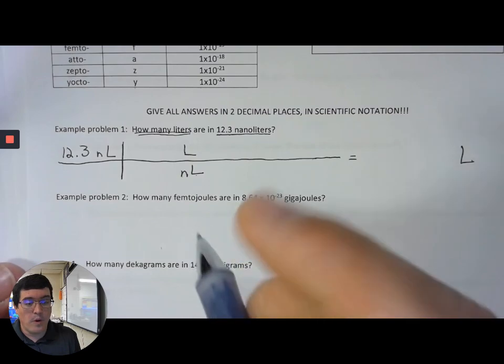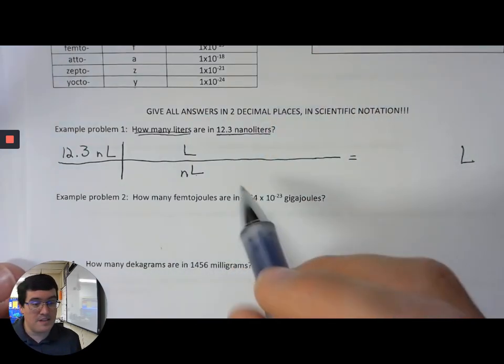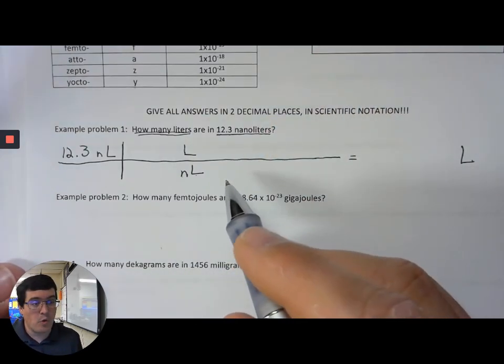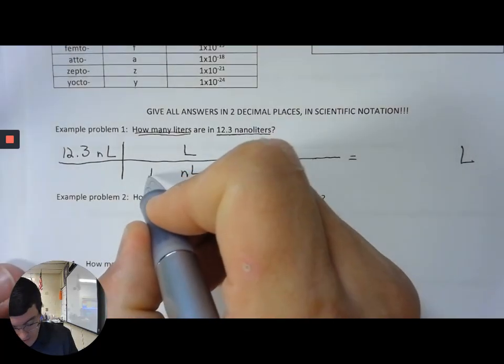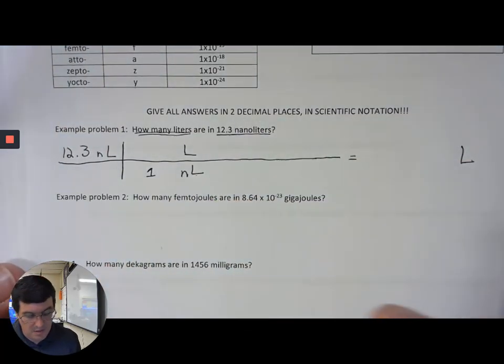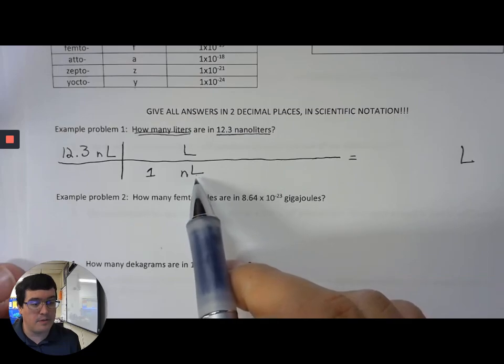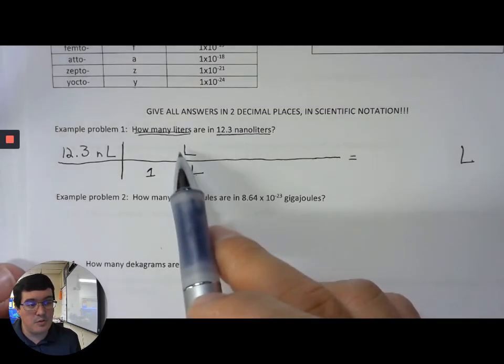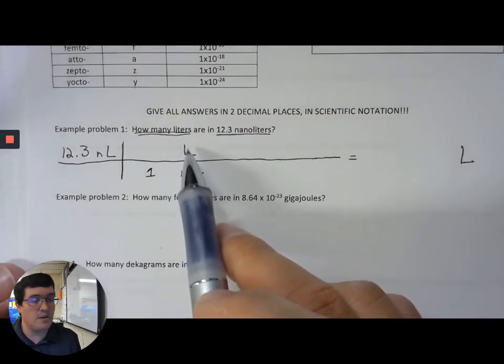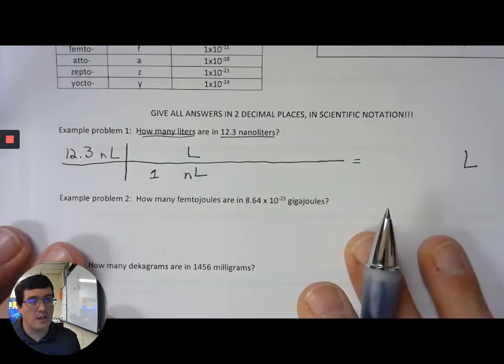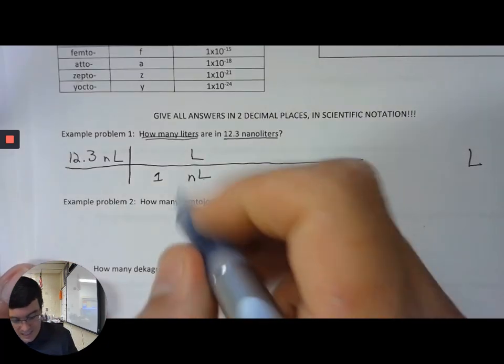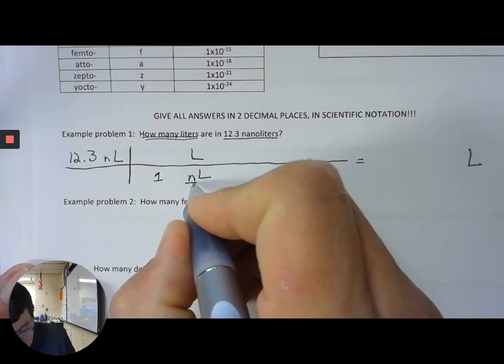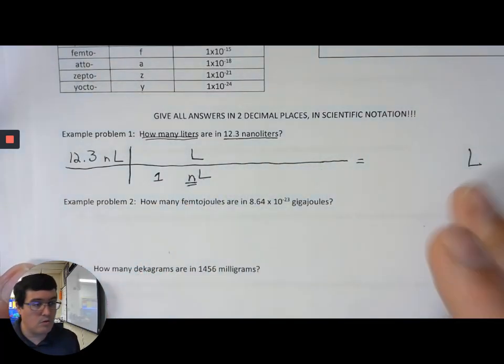All right. Whenever you're doing this conversion, you're going to hear me say this again in the next video. We always put a 1 in front of the prefix. In front of the base unit, in this case liters, we're going to put scientific notation. So the scientific notation we need is the scientific notation for that number for nano right there.